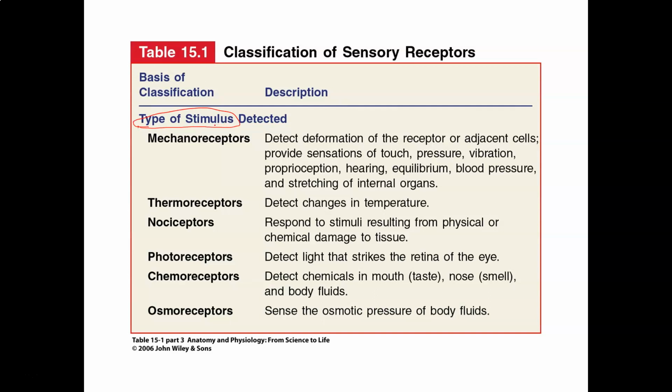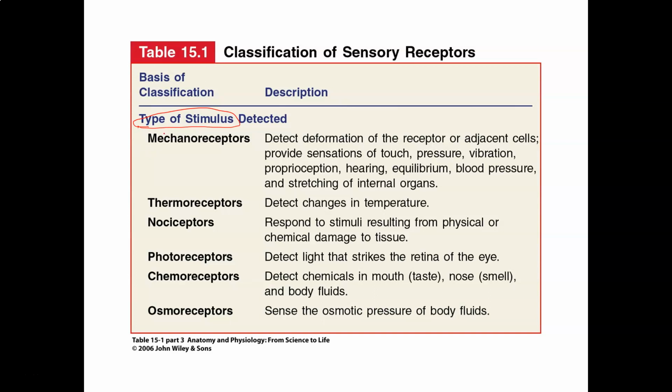Is it chemical? Is it temperature? And so on. So based on the type of stimulus, I would say there are three fundamental types of stimuli in this list, and remember what these stimuli are doing. They are opening ion gates to cause receptor or generator potentials in sensory neurons.